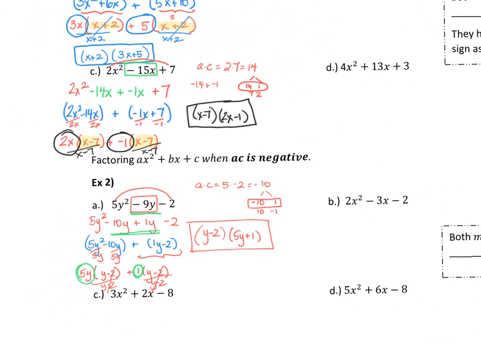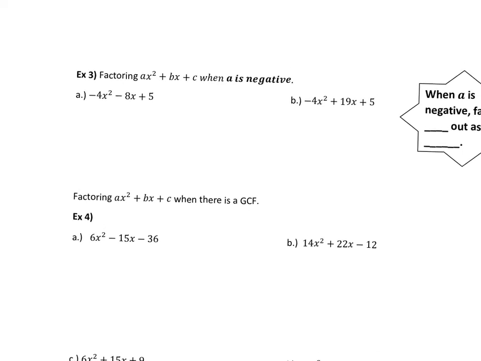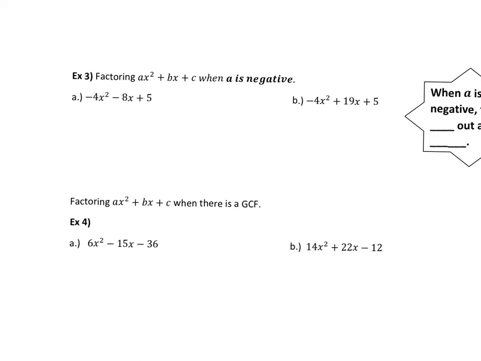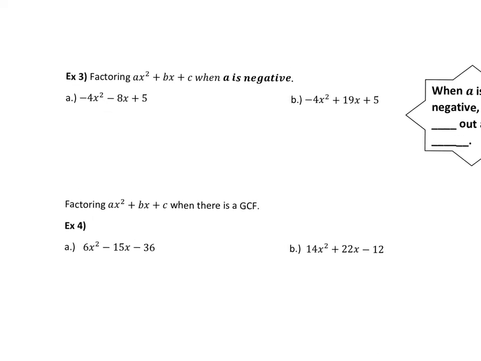So it's the exact same steps. So any of those other examples will work out the same way. And then I just want to jump over and look at example 3 real quick. So this is now when A is negative. So when A is negative, there is just a first step. So we'll say step 1, factor out the negative.